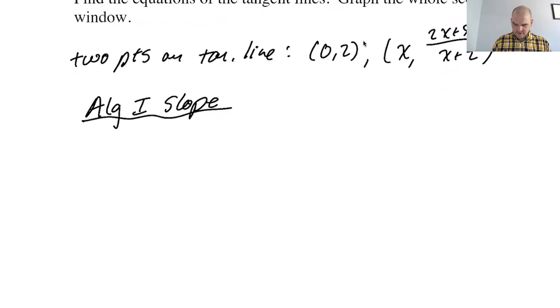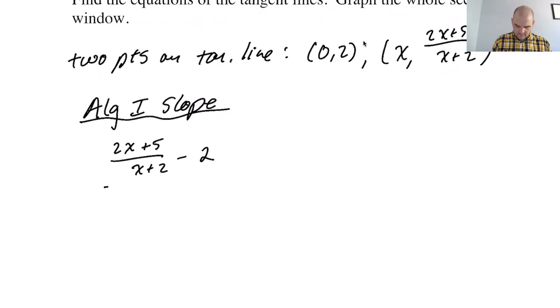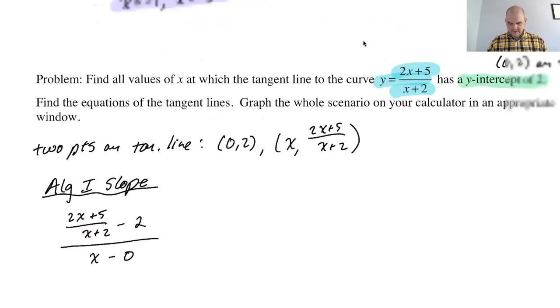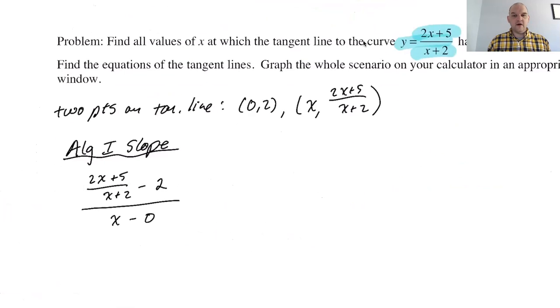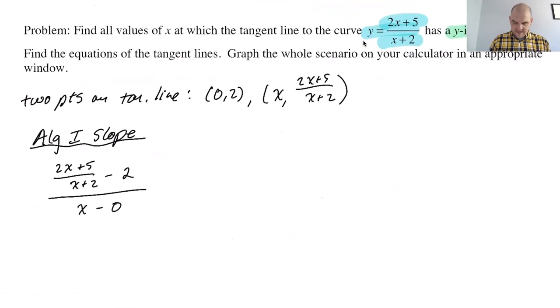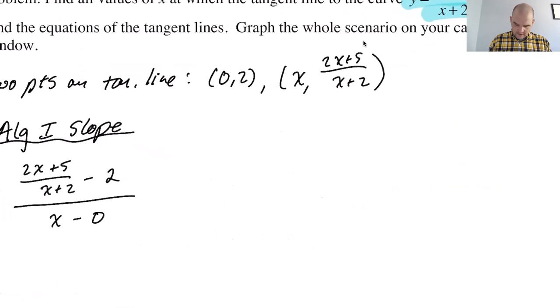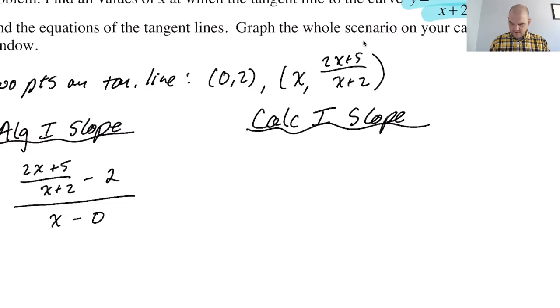So the algebra 1 slope would be change in y, so (2x plus 5) over (x plus 2) minus 2, over change in x, which is x minus 0. We can also use calc 1 slope, which is the first derivative.